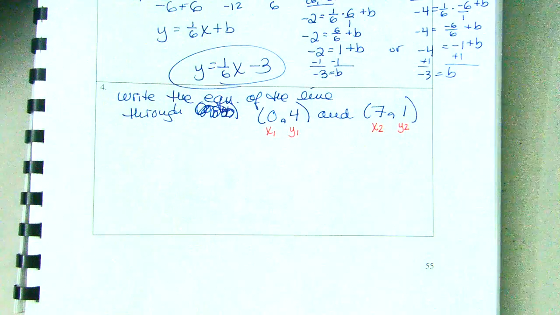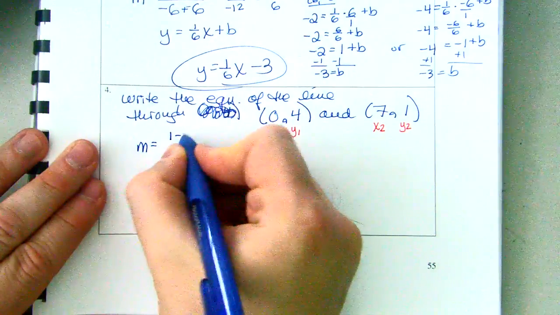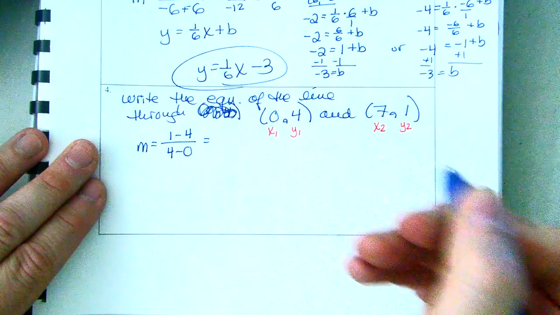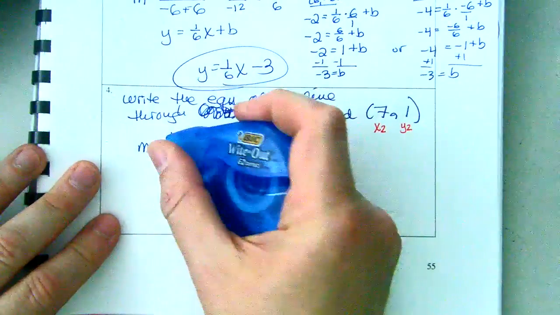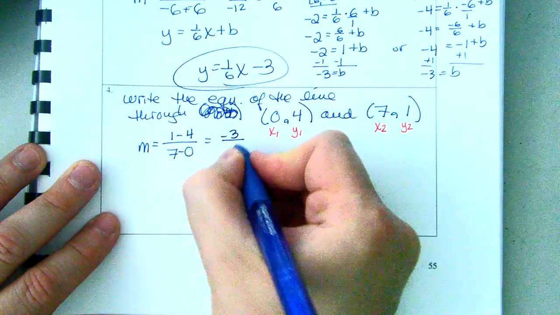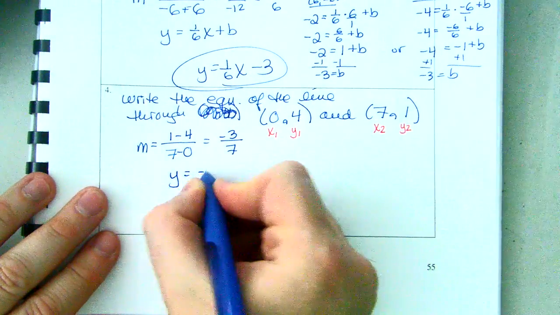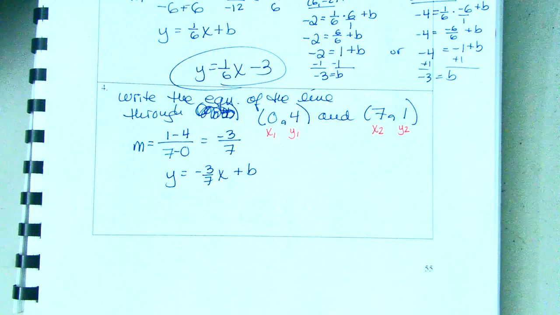Okay, there's definitely an easier point to use here. But first, that's totally wrong. Let me try this again. How about negative 3 over 7 for a slope? My equation, y equals negative 3/7 x plus b. One of those points is so much easier to use than the other. 0, 4.